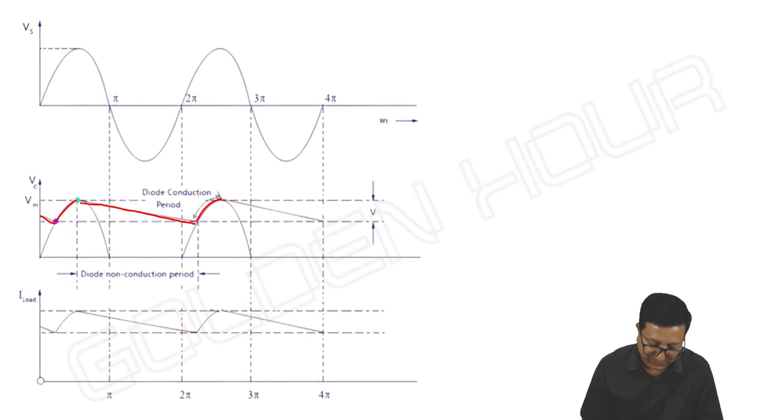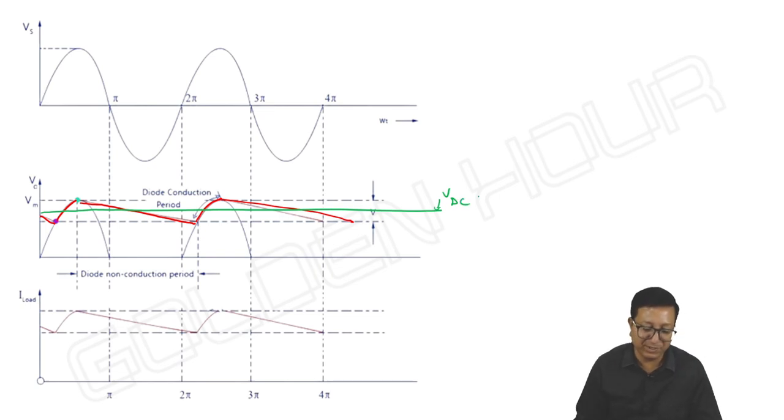Now it has to go like this, so that it has some DC or average value which comes in between. Average value is in between maximum and minimum. Maximum is Vm. Okay, and output waveform is something like this red color one.